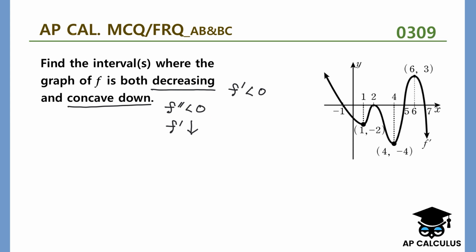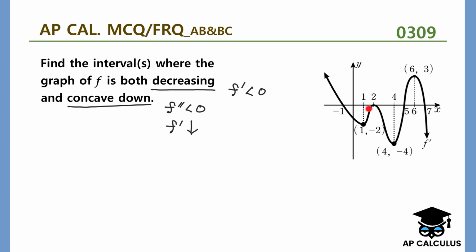So far so good? So we're going to have to find the intervals where f prime is negative and also f prime has to decrease, right? Okay, here is the graph of f prime. F prime is negative if the graph is below the x-axis. So from -1 to 2, right?